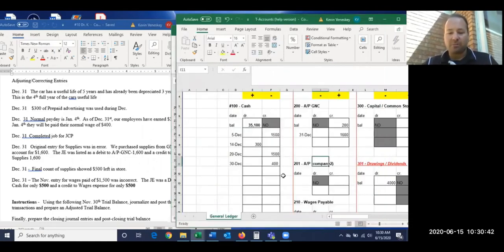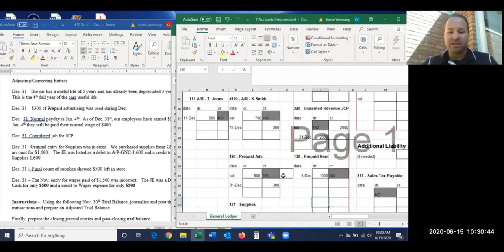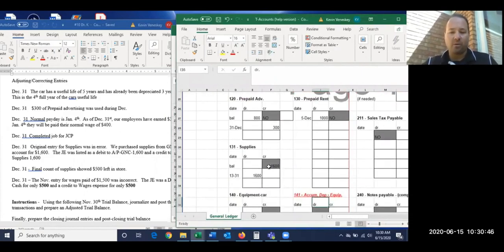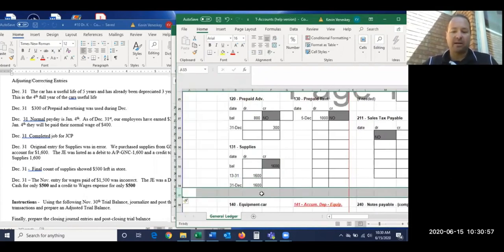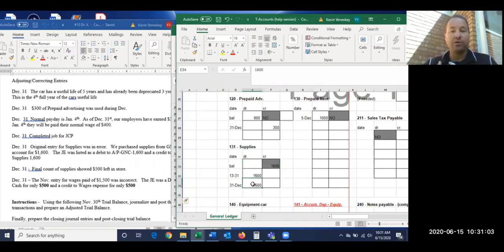So now our supplies, instead of it just being zero, which it is now, when I cancel out the old thing, now we're putting in a new $1,600 to get us to our actual balance. So this was zeroed, and now we have a $1,600 balance, where it should be.